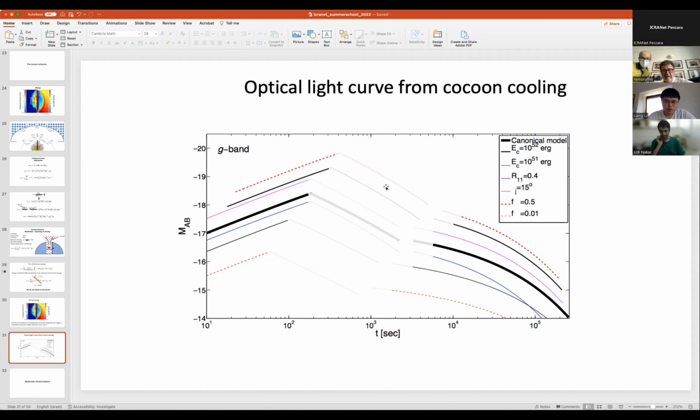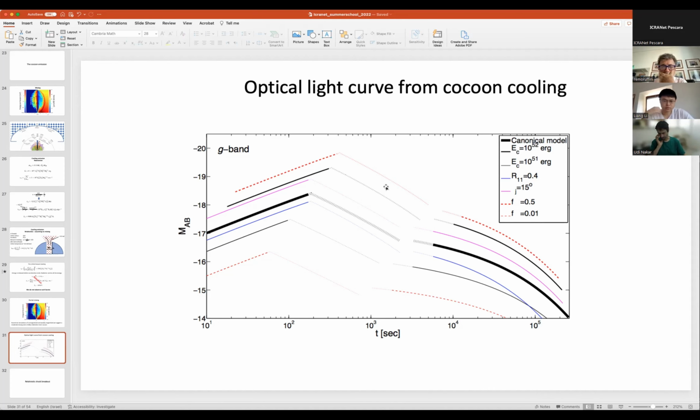I have a question. Is there any connection between this cocoon picture and the short GRB, long GRB scenario?